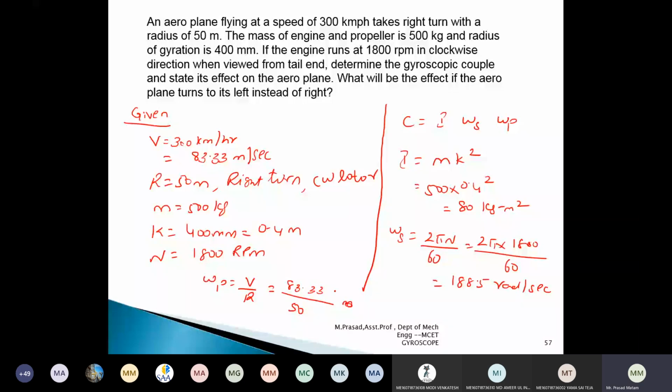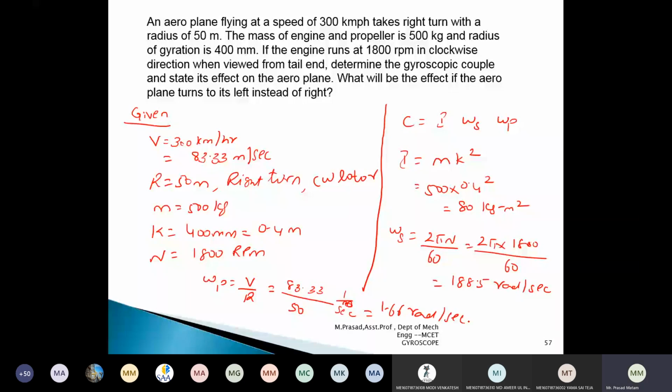You get meter per second by meter, that is 1 by second. What is the answer here? Omega p is 83.33 by 50, which is 1.66 radians per second.